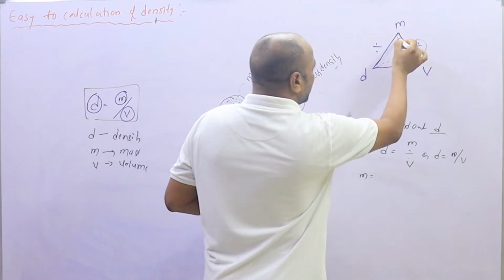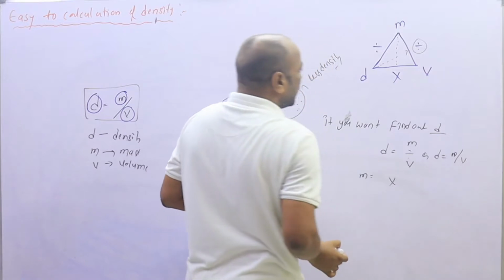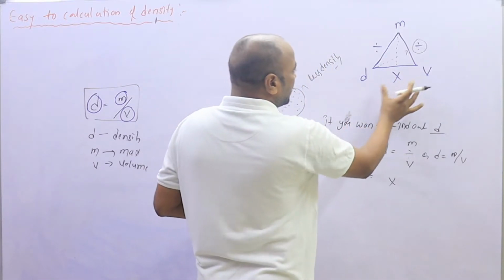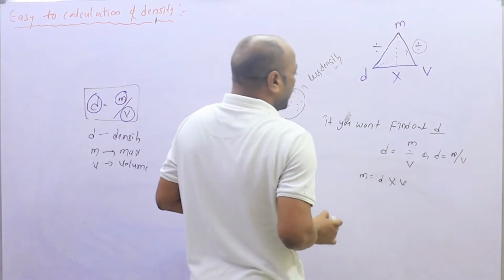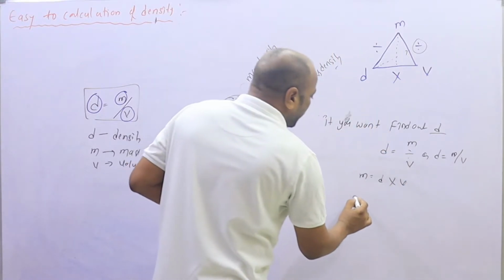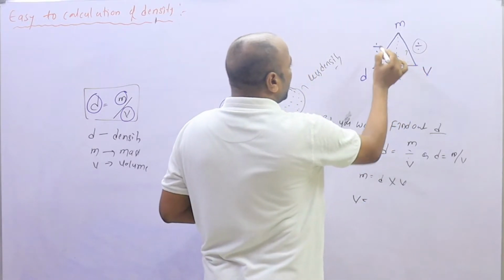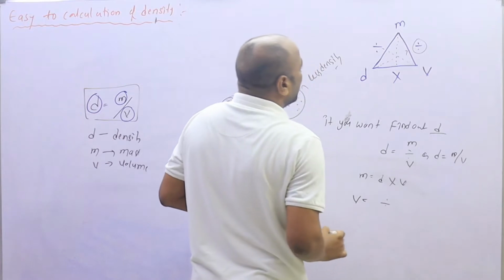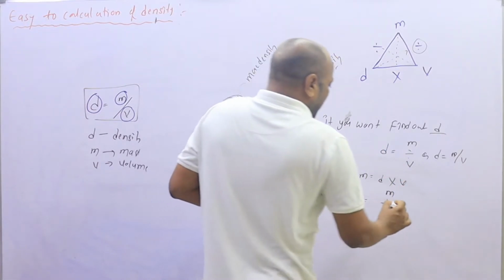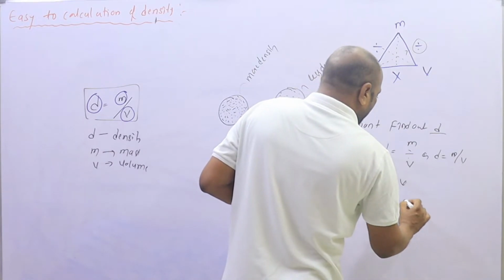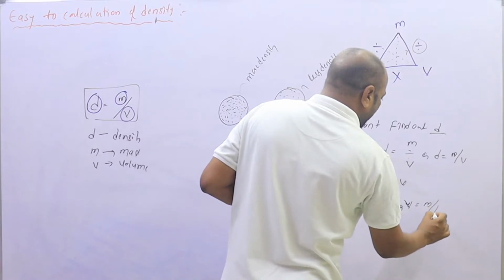it is the opposite, the symbol is cross, density and volume. And if you want to find out volume, it is m by d, that is, volume is equal to m by d.